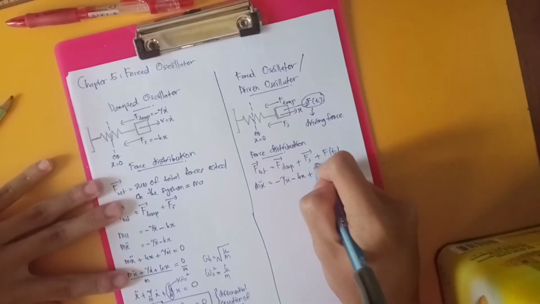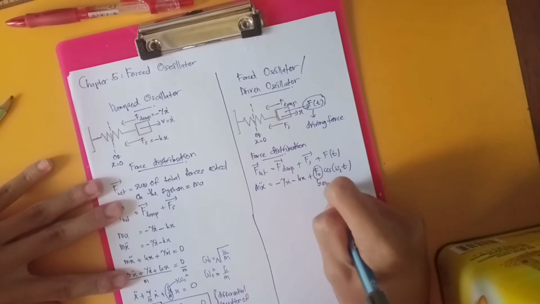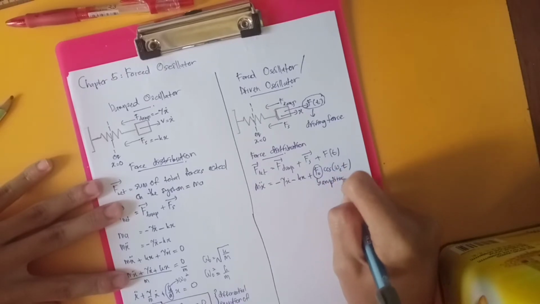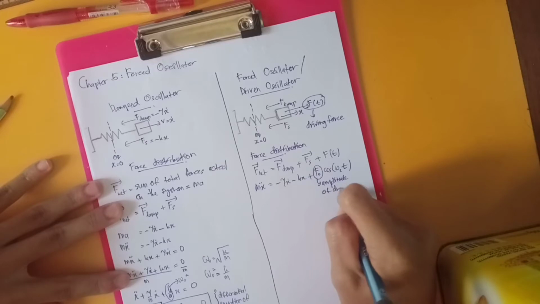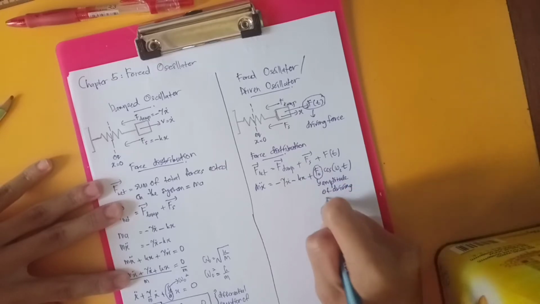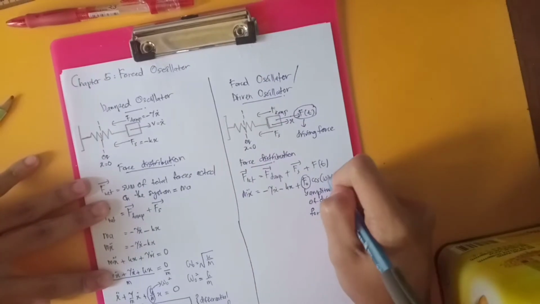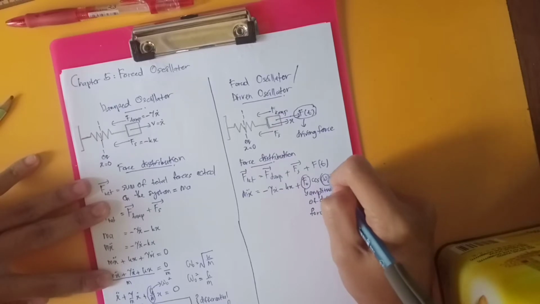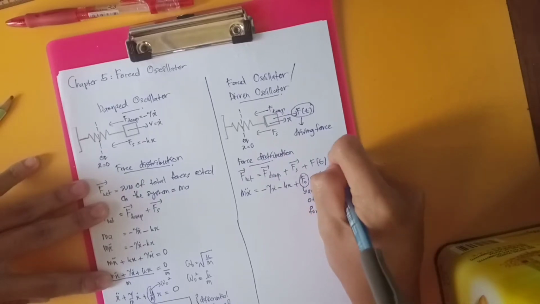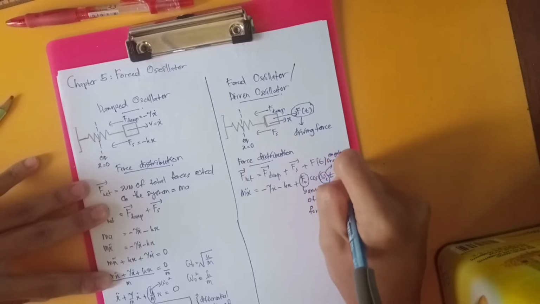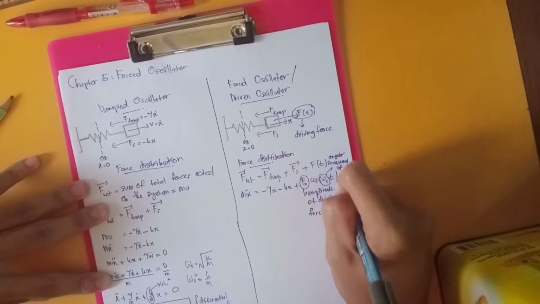So F naught is known as the amplitude of the driving force, and omega e is known as the angular frequency of the driving force.